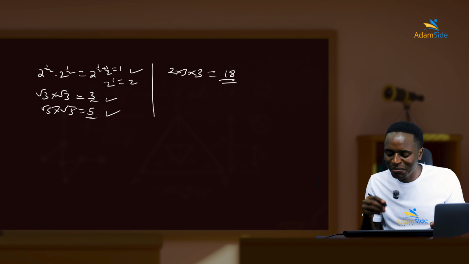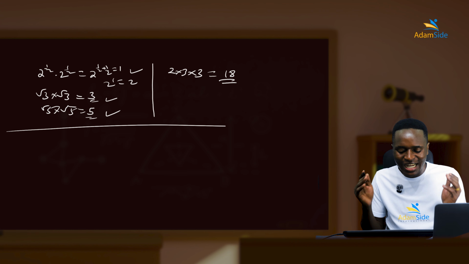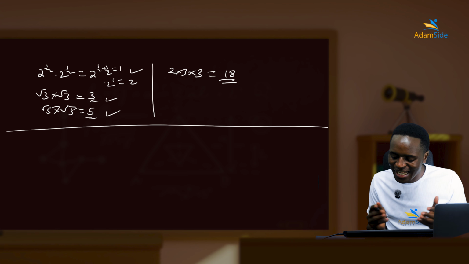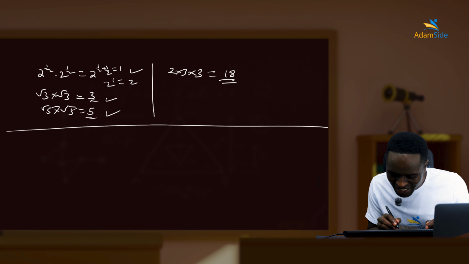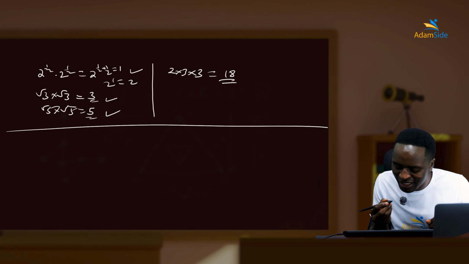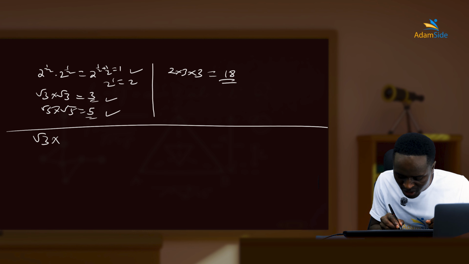You see, these are the majority of the commonly asked questions. And then we can talk about a scenario where you have root 3 times root 5.